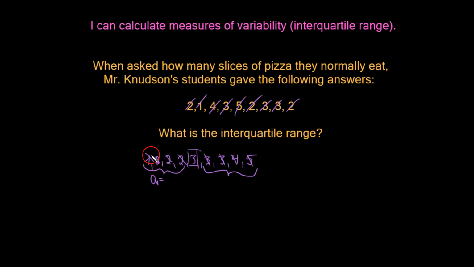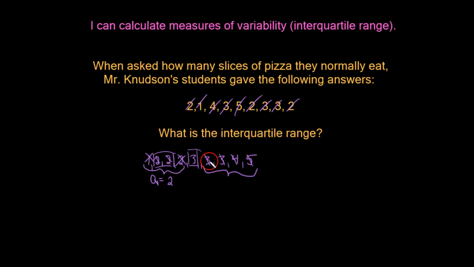If we cross these numbers out again, we have 2 numbers in the middle. So our median is 2 plus 2 divided by 2, which is 4 divided by 2, and we end up with 2 as our Q1. So our lower quartile is 2.